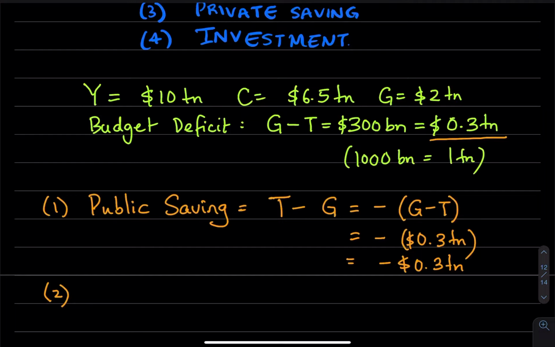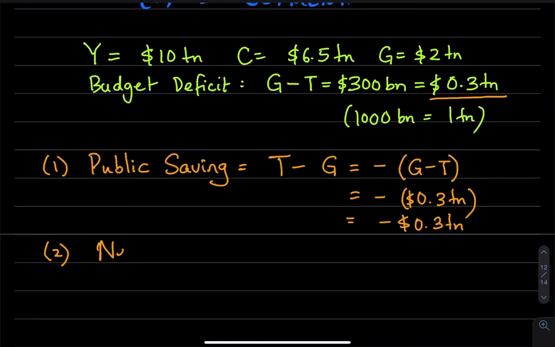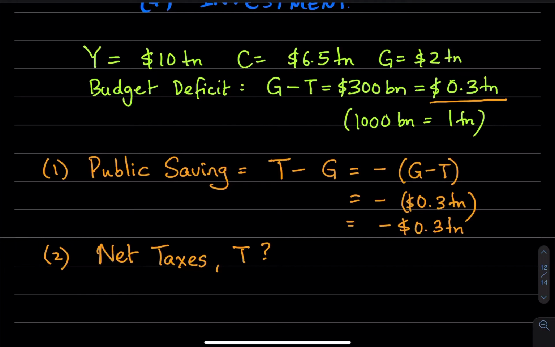And the second thing we want to talk about is net taxes. So we're asked to calculate net taxes, which is basically saying, what is T? Notice you're given, in the example, G minus T, and you're asked to calculate T. So what you're going to do is say G minus T equals $0.3 trillion.